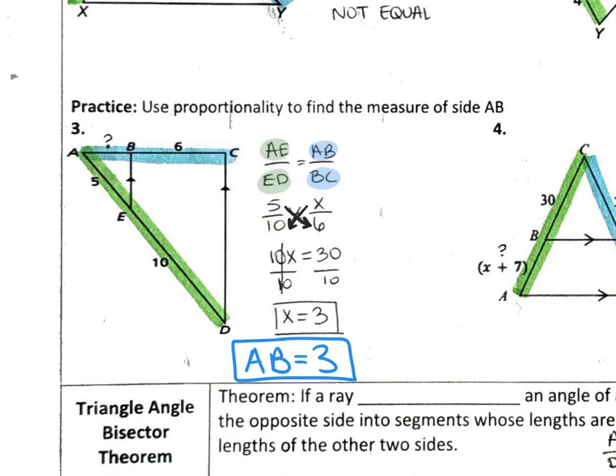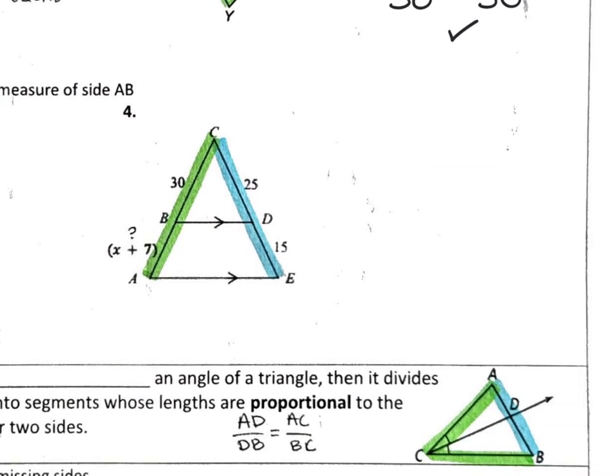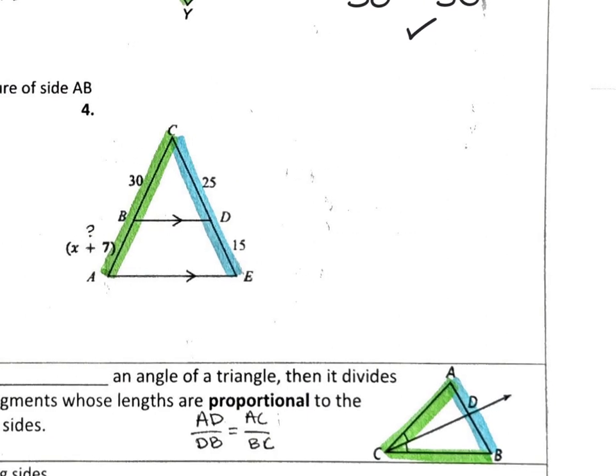Questions about this before we go to one that requires a little bit more algebra? No? Fabulous. Let's do one with a little bit more algebra. We've seen them before. Help me set them up. Let's go greens, then blues. So my green side lengths would be named what and what? CB divided by BA. And we would set that equal to the blues, which are what letters?